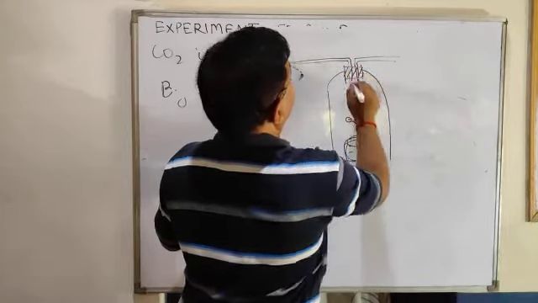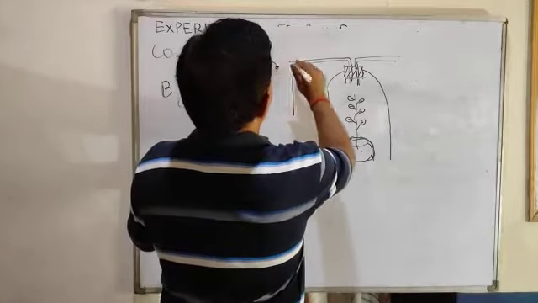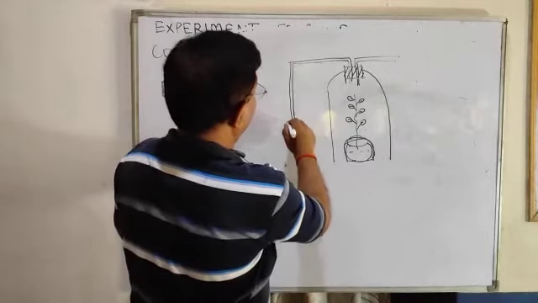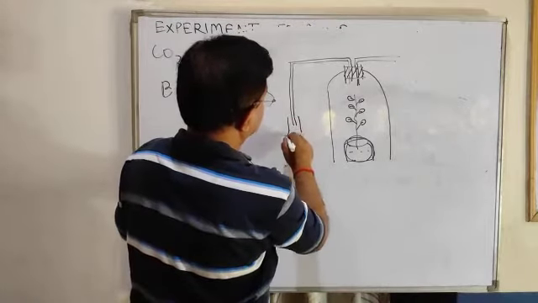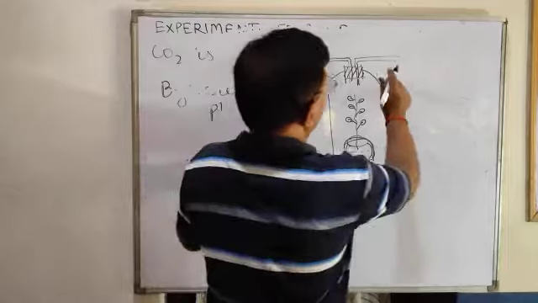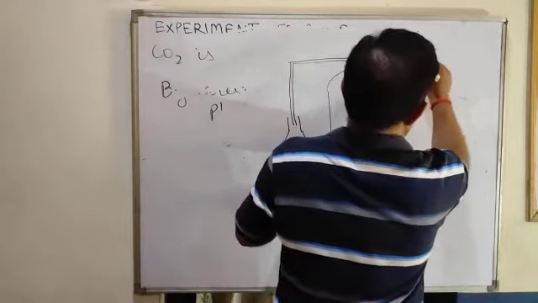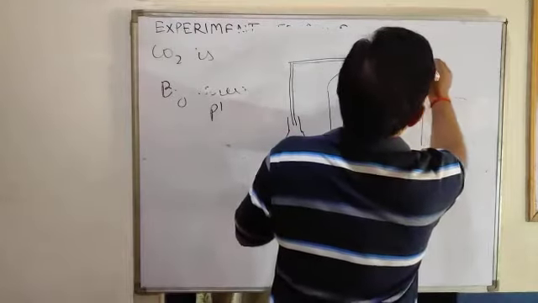This tube comes here, where a conical flask is there. This side also a conical flask is there.